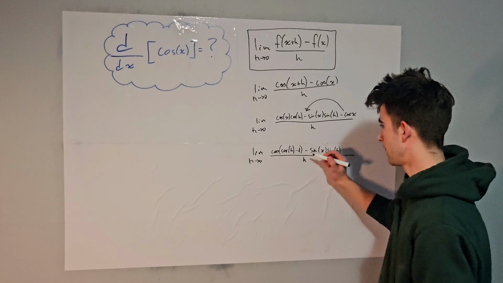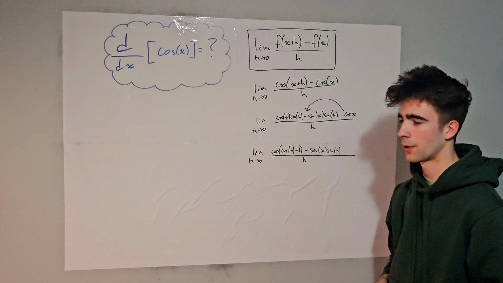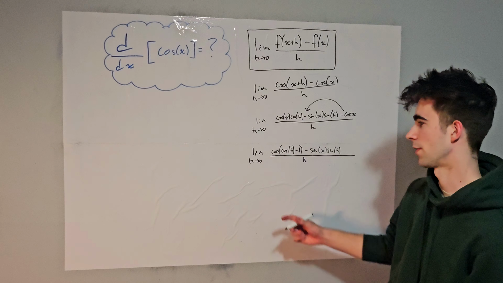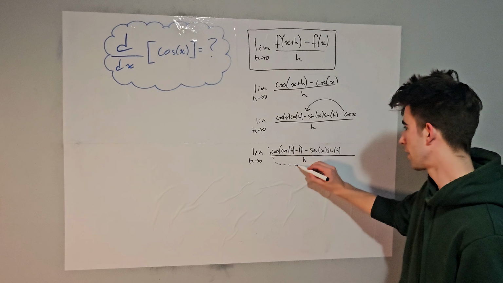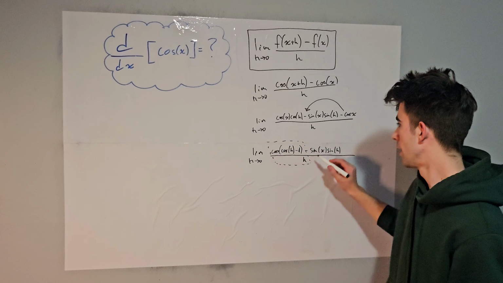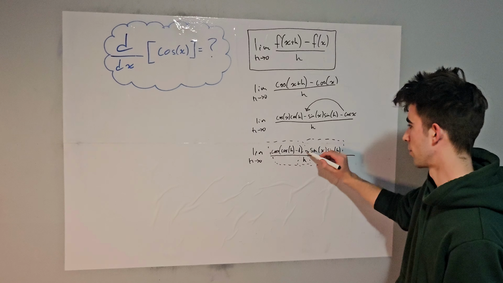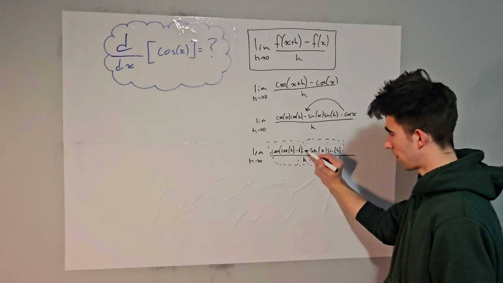Still over h though. From here, we're going to break apart the limit into two different limits, and they'll both have h approaching 0. One is going to be this here, and the other is going to be this here. And they're going to be subtracted because we have that subtraction right there.